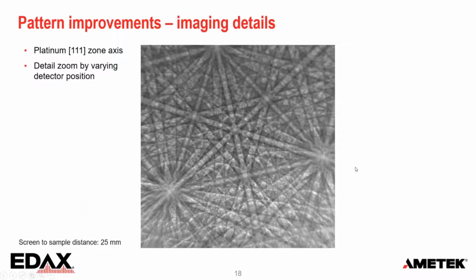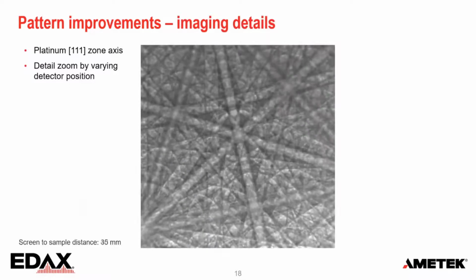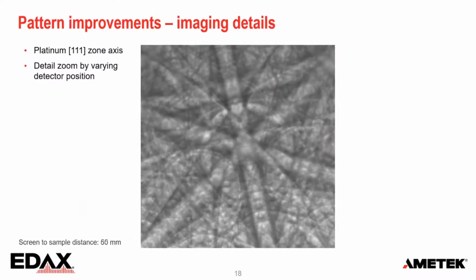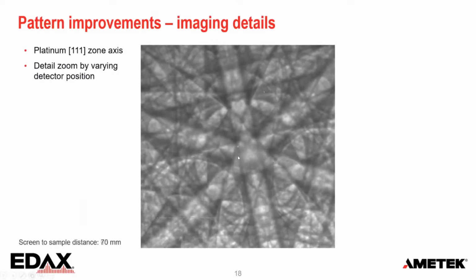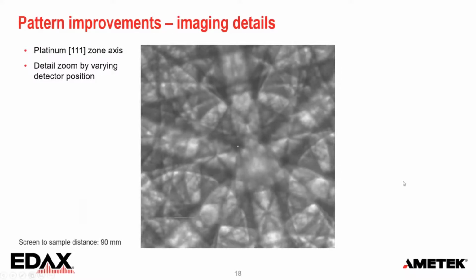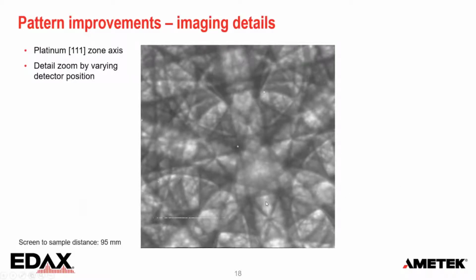Here's another one. This is platinum. In this case, I have a grain where I can zoom into this zone axis in the middle. It's the 111 zone axis, so it's a threefold symmetry. And when we zoom in there, you start to see a lot of details in the bands, and also look at these 3 bands here.